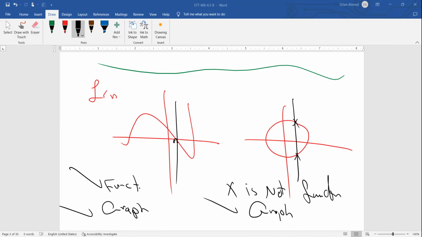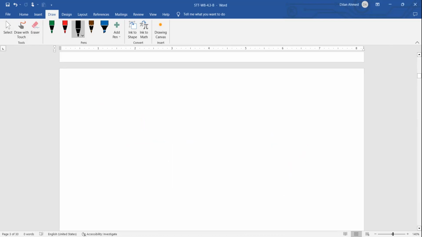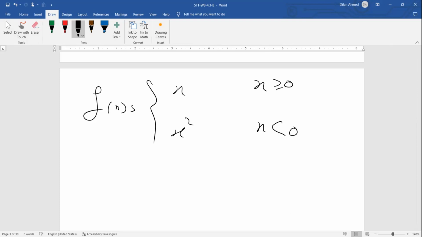We have two parts, first part and second part. How do we sketch it? That's the question, because in the exercise you have it, and it's important for the exam. For example, my function f of x is equal to x squared when x is greater than or equal to 0, and x when x is less than 0. So how do we sketch this graph? Sketch the following graph. How?